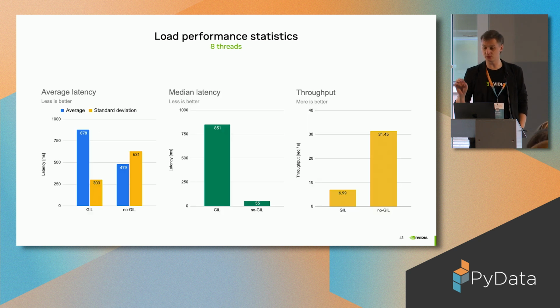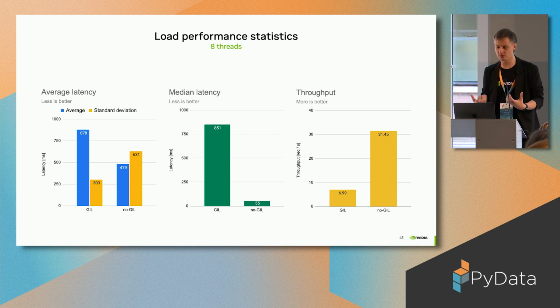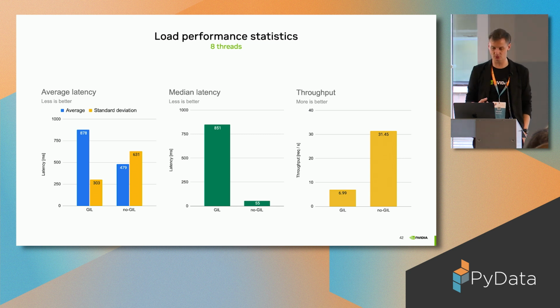I ran this also with 8 threads to show that this server actually works with the GIL. In this situation, the program wasn't hogged by the GIL. There weren't so many requests that would cause such problems.